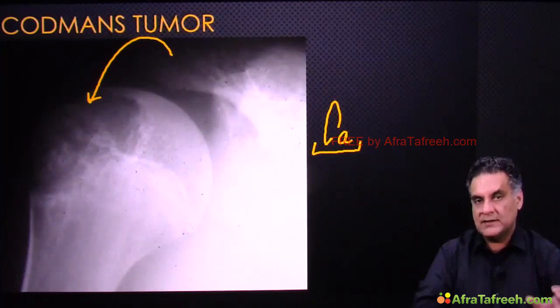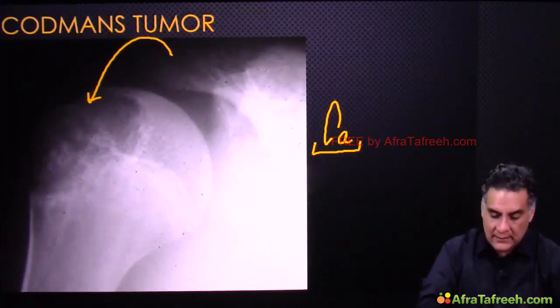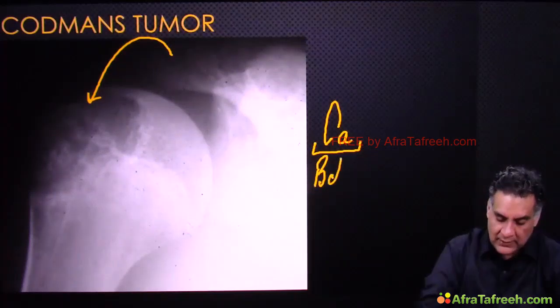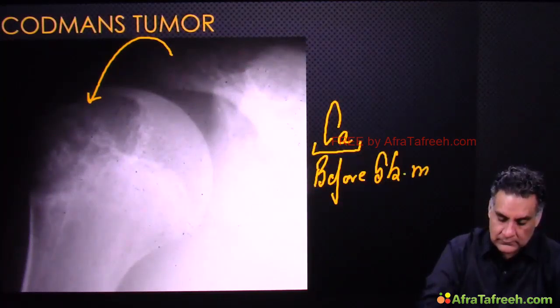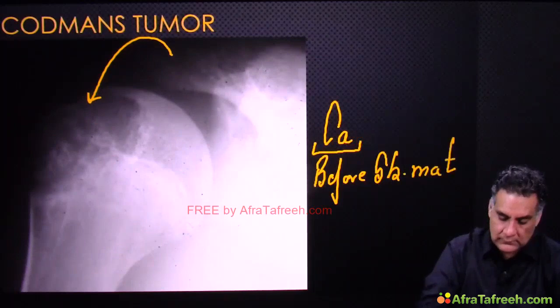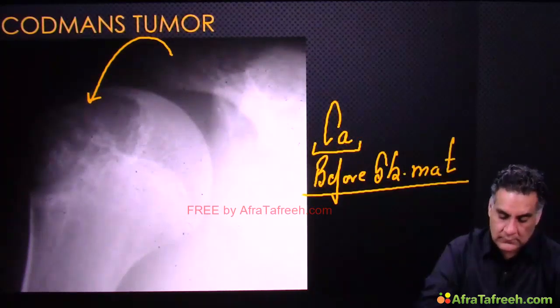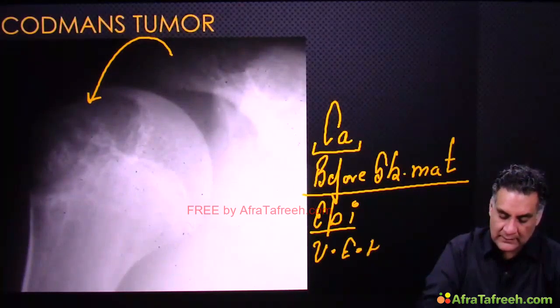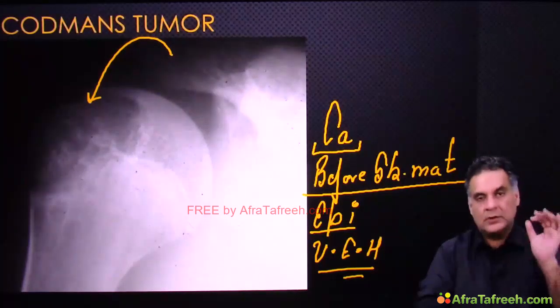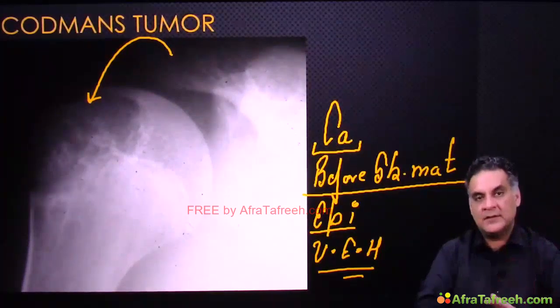So it is epiphyseal with calcification, usually seen before skeletal maturity. And upper end humerus is the commonest site.